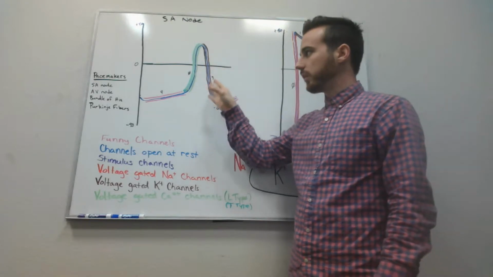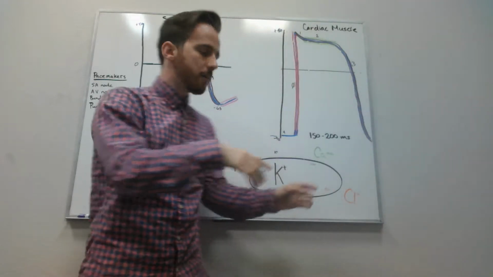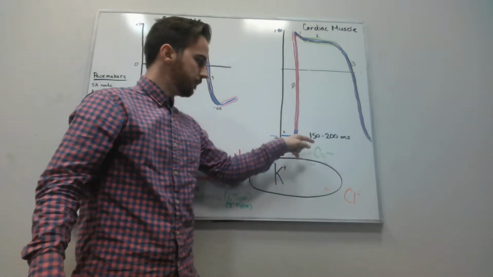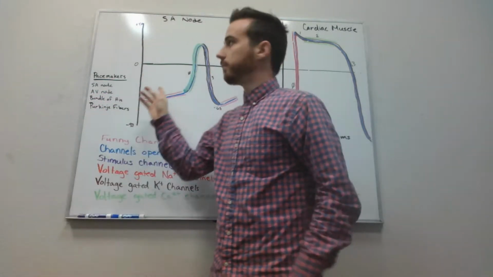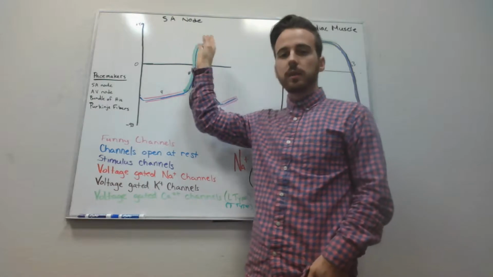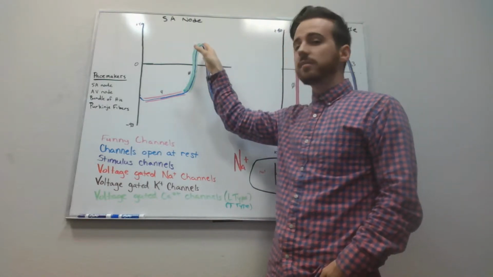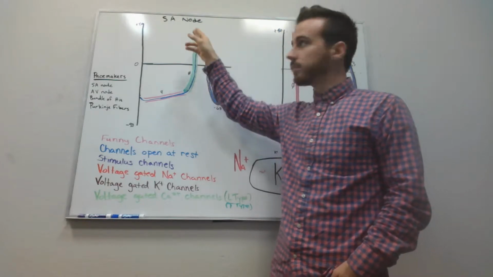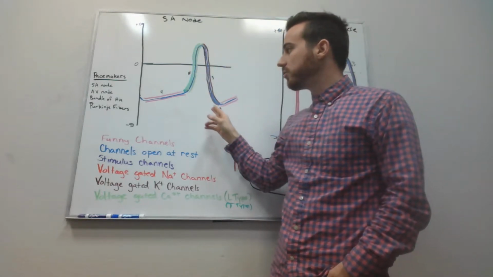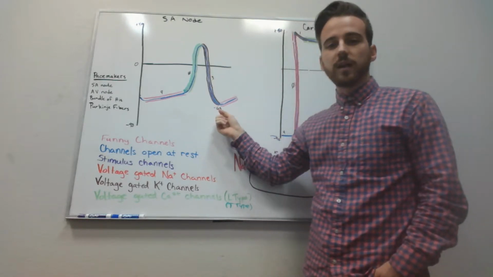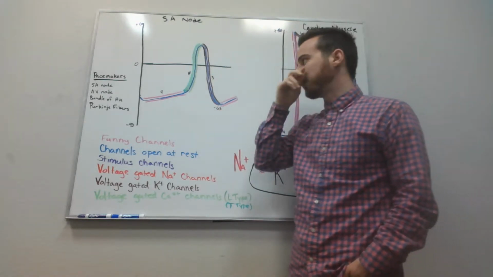Calcium goes into the cell, depolarizing the membrane, getting us up to here, and then those calcium channels are inactivated. Our potassium channels are then open. We get our repolarization.